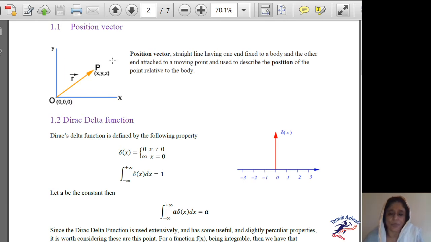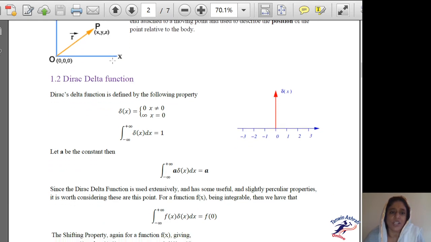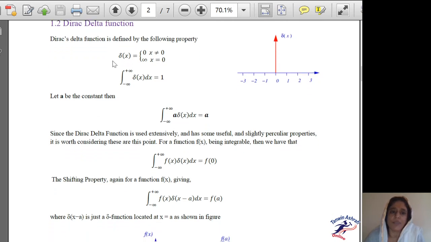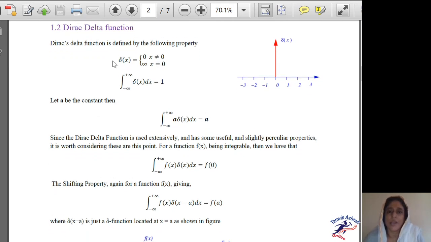Dirac delta function. The Dirac delta function is a function defined by the following property. It says that the delta function does not exist anywhere when x has a different value, but it exists when x equals 0, and it has a value of infinity. That means at x equal to 0, delta exists.